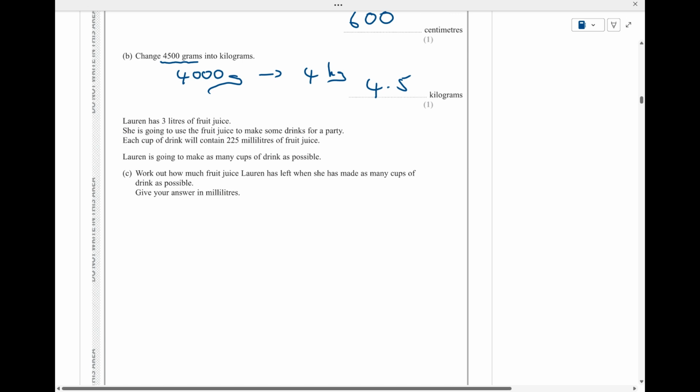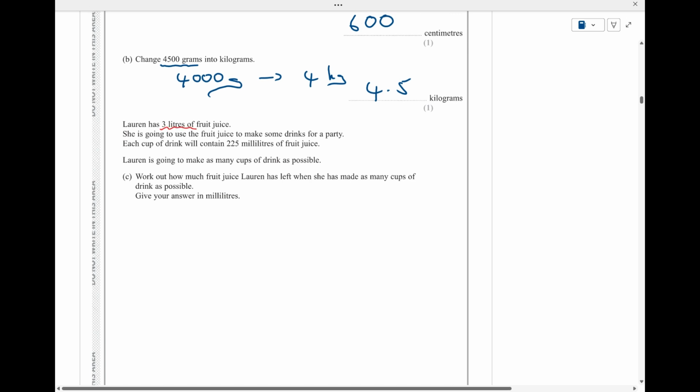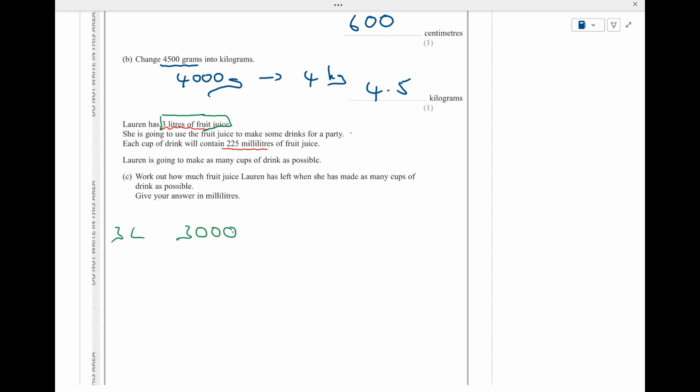Lauren has 3 litres of fruit juice. She's going to use the fruit juice to make some drinks for a party. Each cup of drink will contain this many millilitres of fruit juice. Sometimes I say, read a sentence, do some maths. I'm tempted to do some maths now without even reading the rest of the question. But let's just have a think about what maths we could do. She's got 3 litres of fruit juice, right? 3 litres, well, that's 3,000 millilitres.